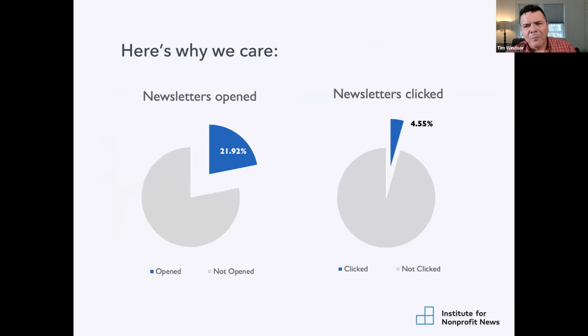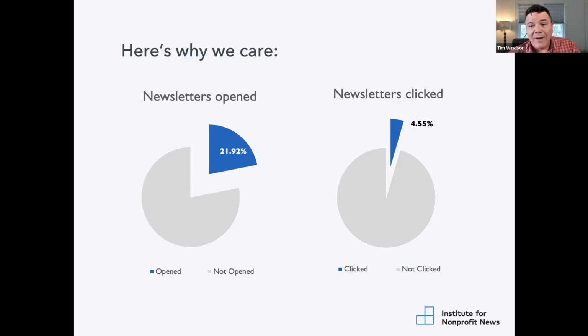And let's look real briefly at these average numbers from MailChimp for media publications sending out newsletters. These are the open rates and these are the click rates. So 22% of all of the newsletters that are sent are opened, and about 4.5% of the newsletters that are sent have at least one click on them.